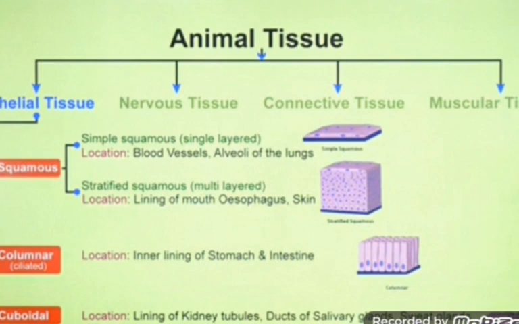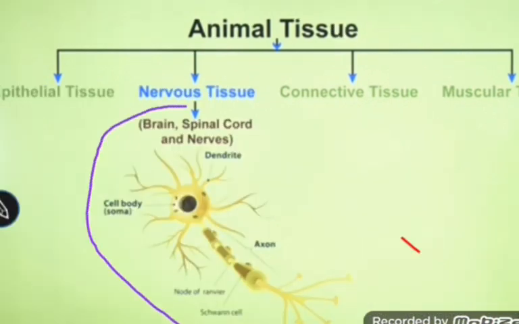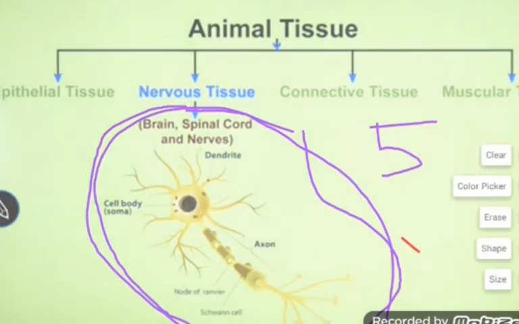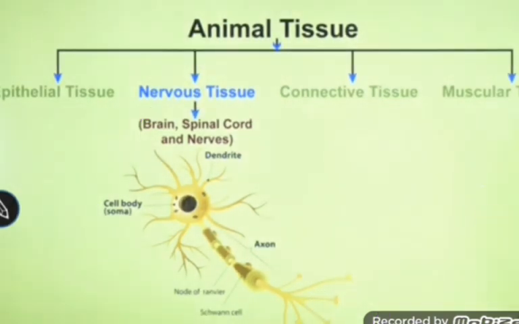Now let us talk about the nervous tissue. This is the nervous tissue. There will be a 5-mark question in your exams to draw this diagram. Now let's talk about its structure. This is the cell body, soma.